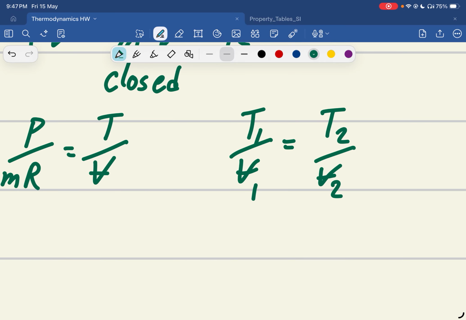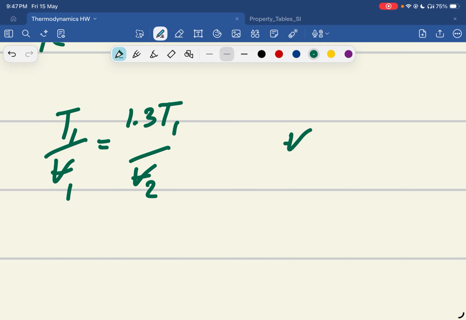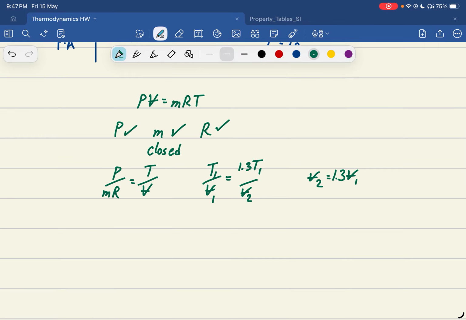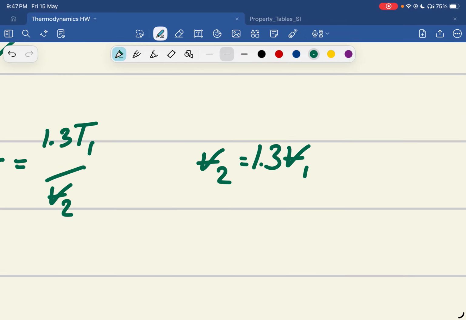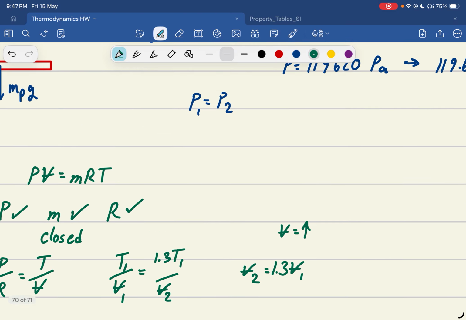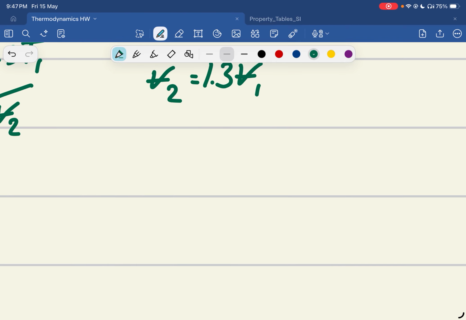And we know T2 is 1.3 T1. So V2 is just 1.3 V1. Because we increased T by 1.3, we have to increase V by 1.3. So since we know now that our volume is increasing, we don't know the amount, but we know it's increasing. And when volume is increasing, V2 minus V1 is going to be a positive number.